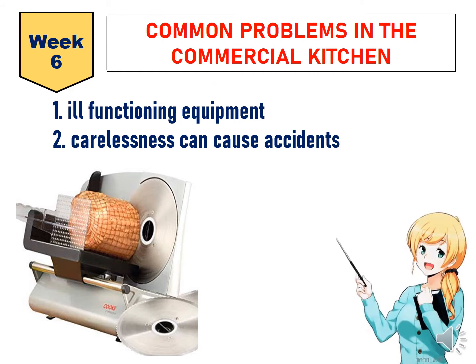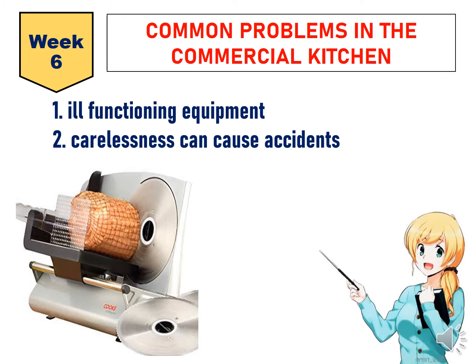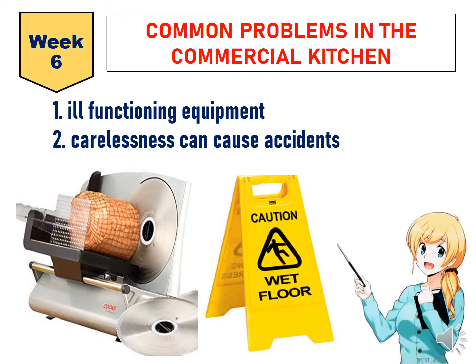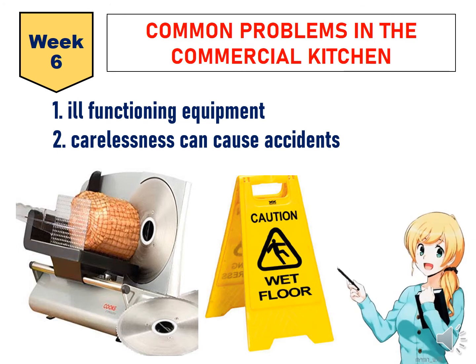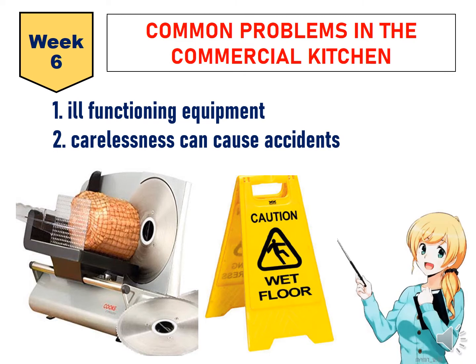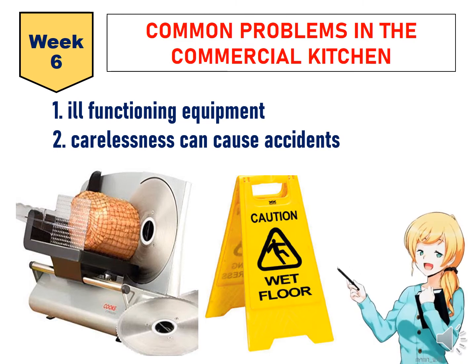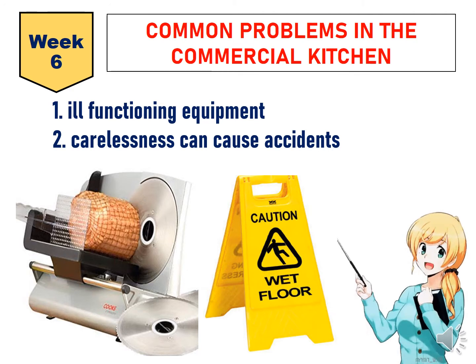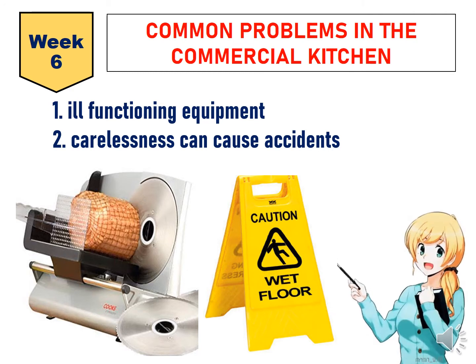Next is carelessness that can cause accidents. For example, due to a wet floor, one might slip even if there's signage because one is not paying attention. Meaning alertness and mindfulness in all the tasks in the workplace is a must for all the workers to avoid unwanted accidents.